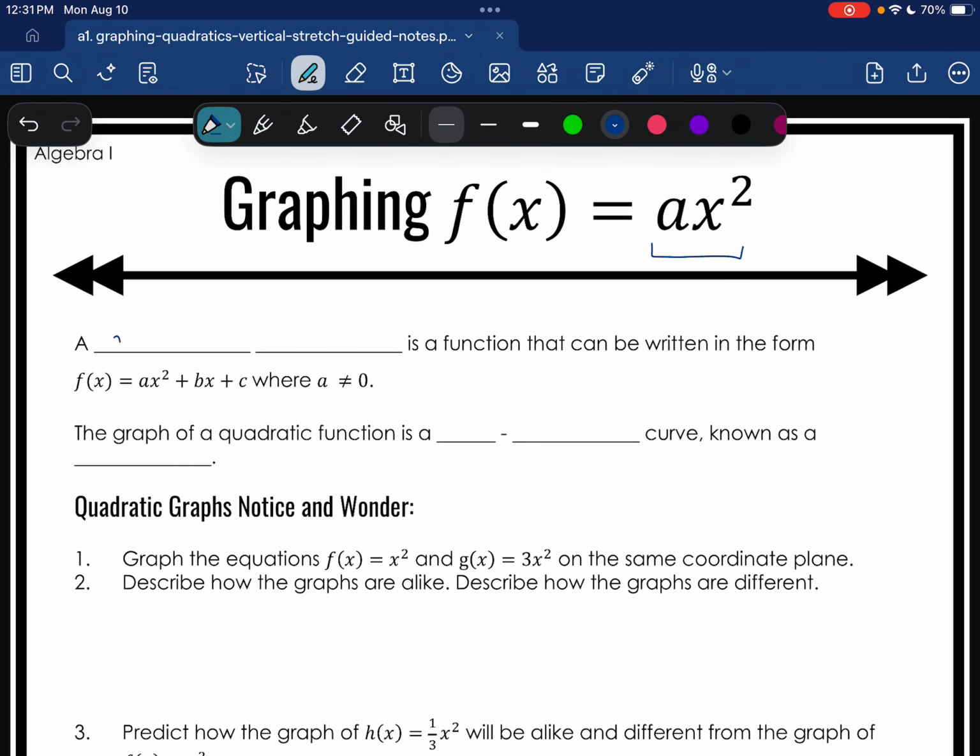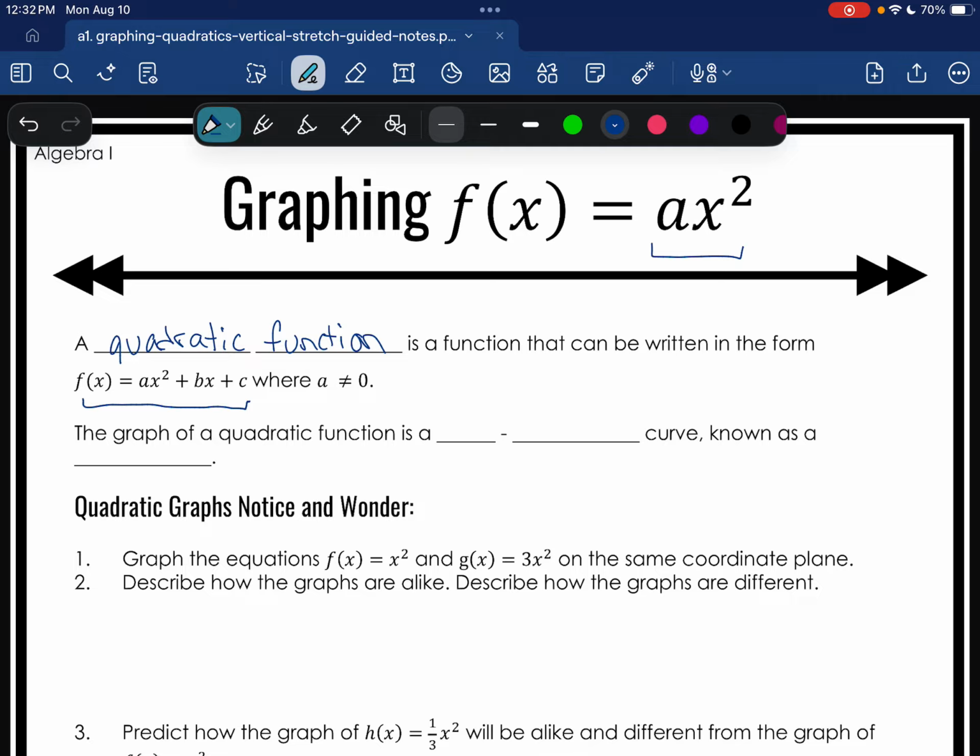So a quadratic function, a little bit of vocab to get us started, is a function that can be written in this form, ax squared plus bx plus c, where a is not 0. Because if a were 0, what happens? Well, that x squared term goes away and you're left with bx plus c. That is, of course, a linear function.